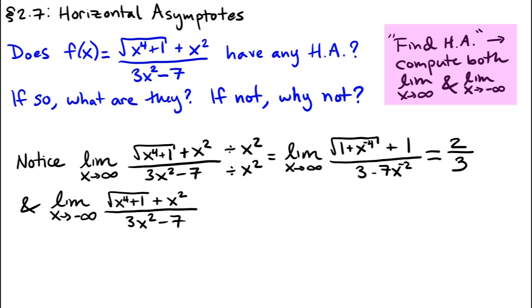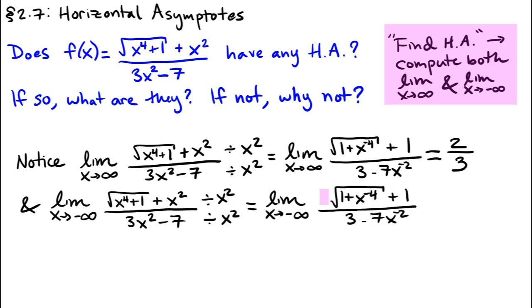What about the limit as x goes to minus infinity? We still want to divide top and bottom by x squared, but how is the sign in front of that square root affected? Well, when we had a problem like this before, we noticed that when you take the square root of something, it's always positive. So here, the square root of x to the 4th is the absolute value of x squared.